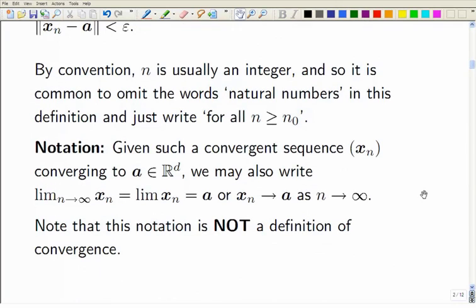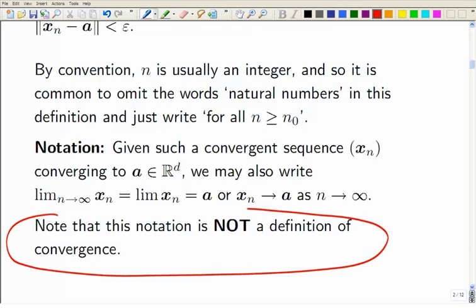So if you've got a convergent sequence like that, then you have some alternative notation, but this notation is not the definition. And this is where people have lost loads of marks in exams in the past, because often in past exams I've said, give the definition of convergence of a sequence, and people have said a sequence converges if it tends to some point, which tells me nothing.